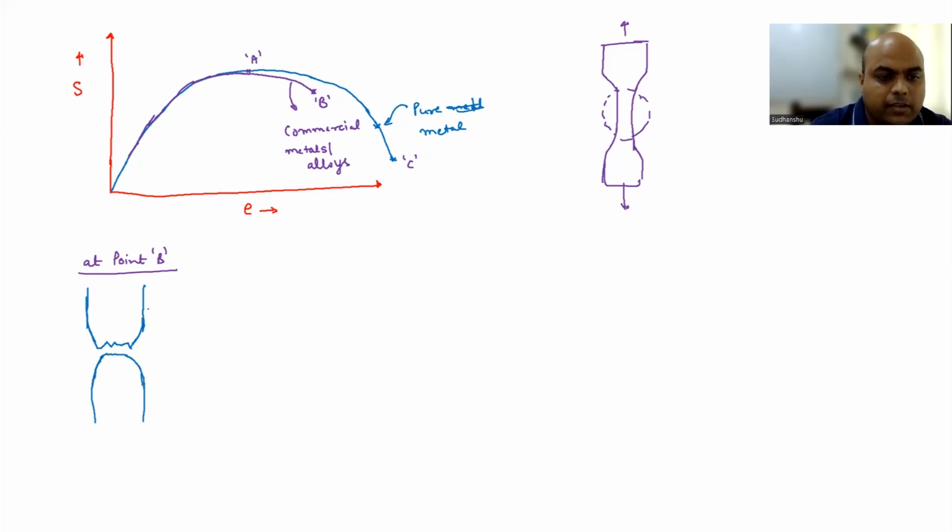This one is your cup, this one is your cone, two parts of your sample. At point C dash, which corresponds to pure metal, you are going to see rupture.